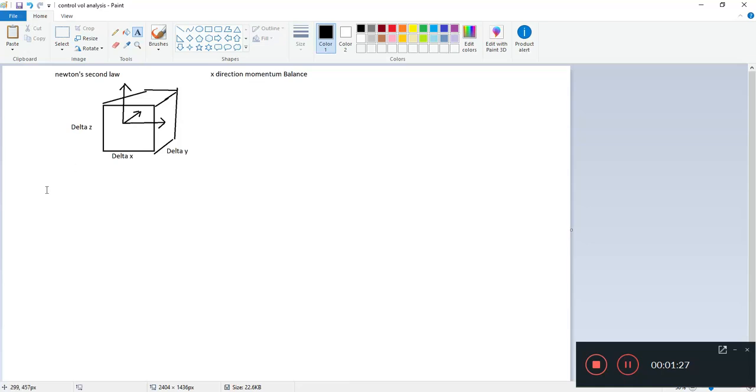Alright, so we have this cube, and we'll need to find the forces acting on each face. So let's consider, again, this face right in front of us. I'm going to color this one yellow. The y coordinate here is y.